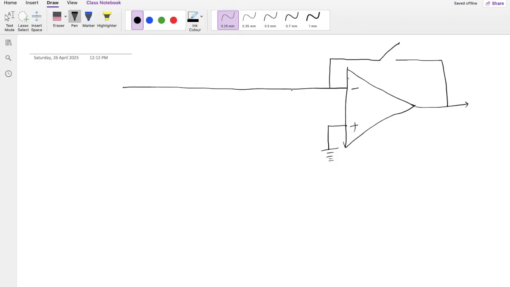So then there will be this capacitor, and this will have a switch here. This is grounded.